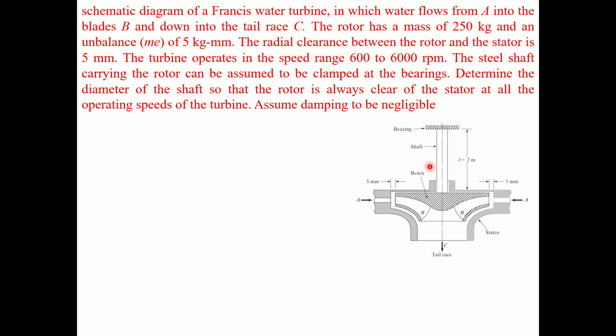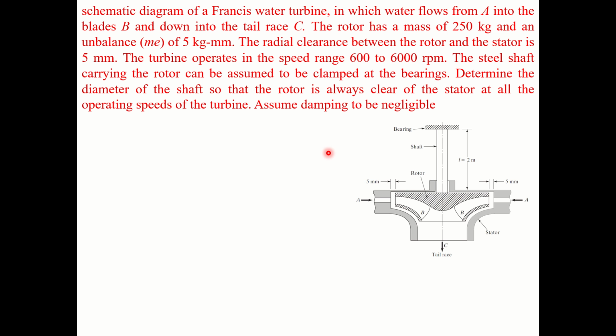Considering the unbalance and the vibrating system, we have to find the required diameter of the shaft to operate over the whole speed range, between 600 and 6000 rpm.